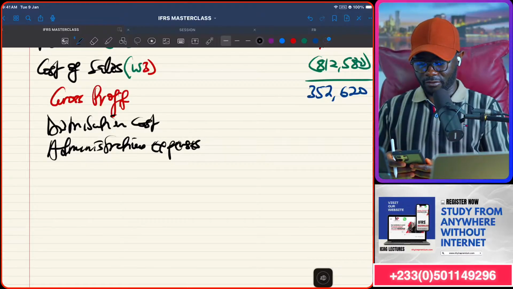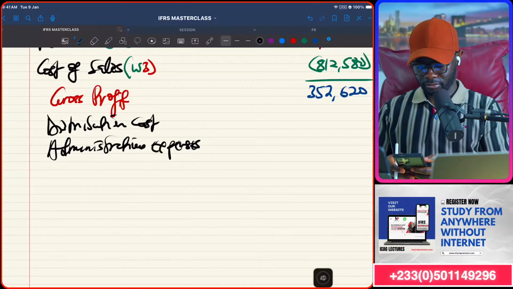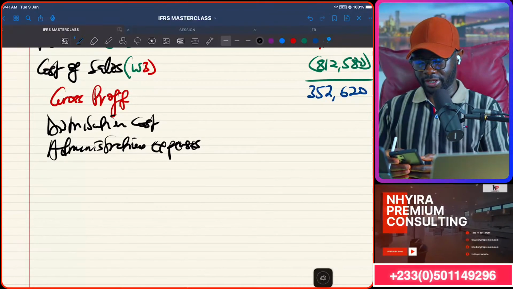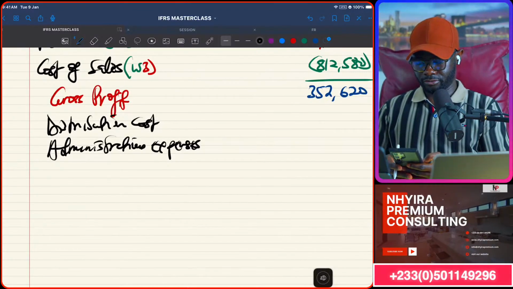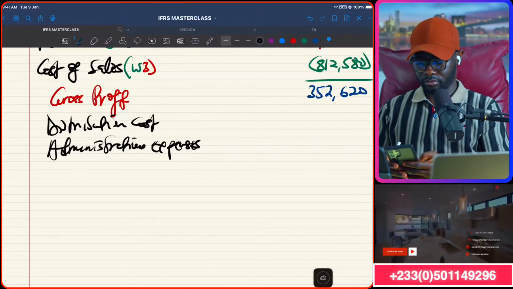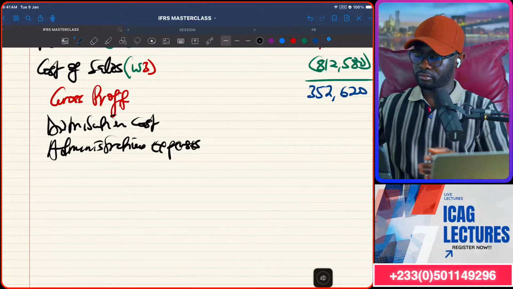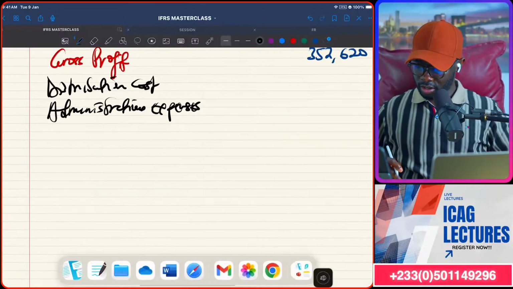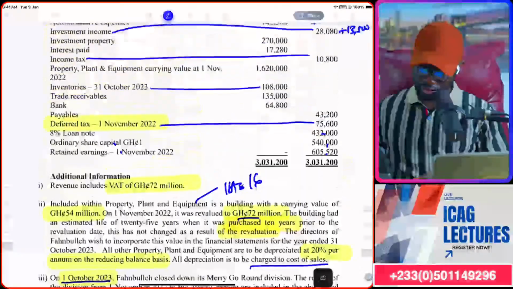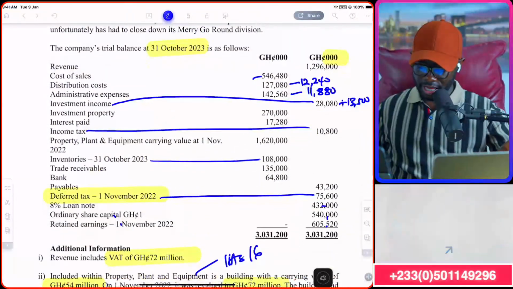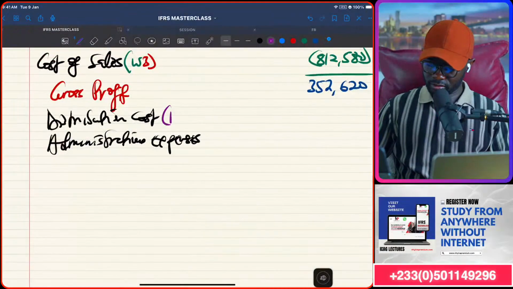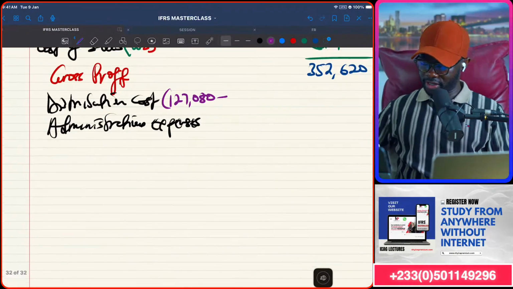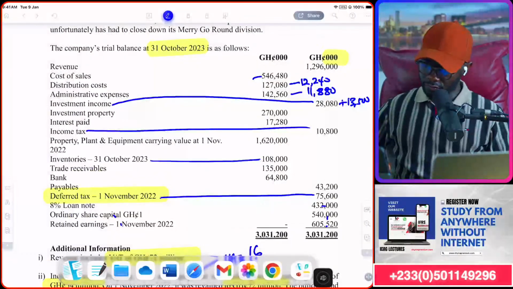So admin expenses is 127,080 minus 12,240.